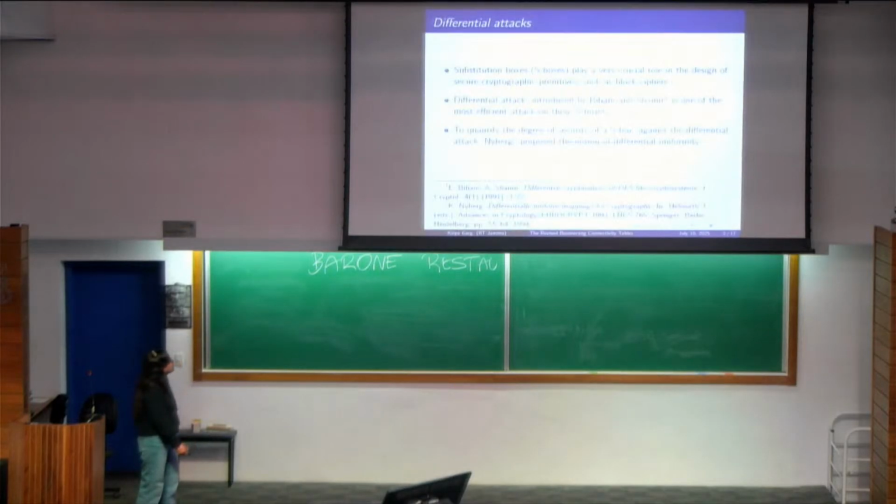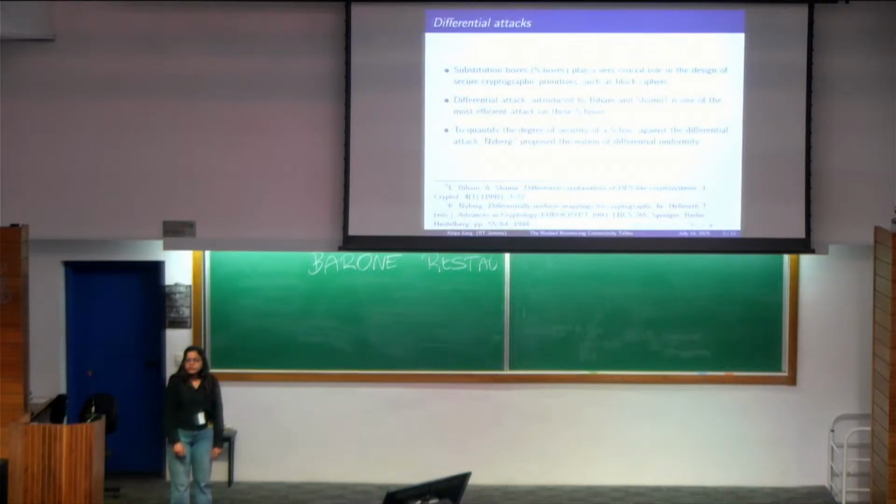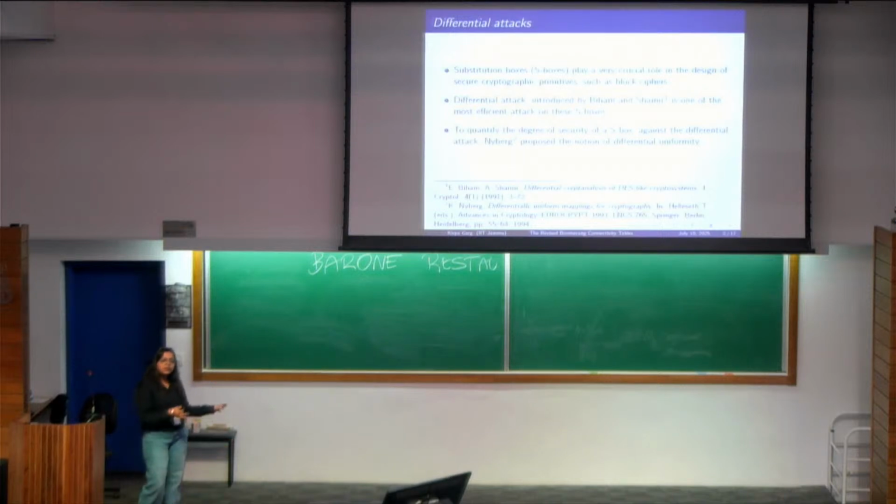So as Peter mentioned, the substitution boxes or S boxes, they play a very important role in designing modern block ciphers. So mathematically, an S box is nothing but a function from finite field to finite field. And there are many attacks that are possible on these block ciphers.